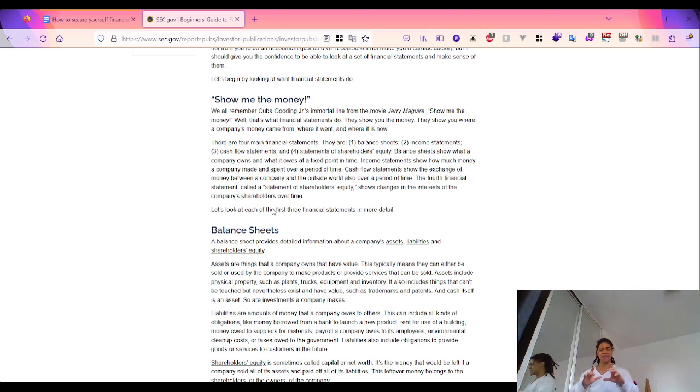Then I look at the income statement, where now it shows you if a company made a profit or not. The bottom line shows you that, and you can think of it as a set of stairs where you start from the top, and then one step at a time, you make a deduction associated with earning that revenue. At the bottom of the stairs, you find if a company made a profit or not.